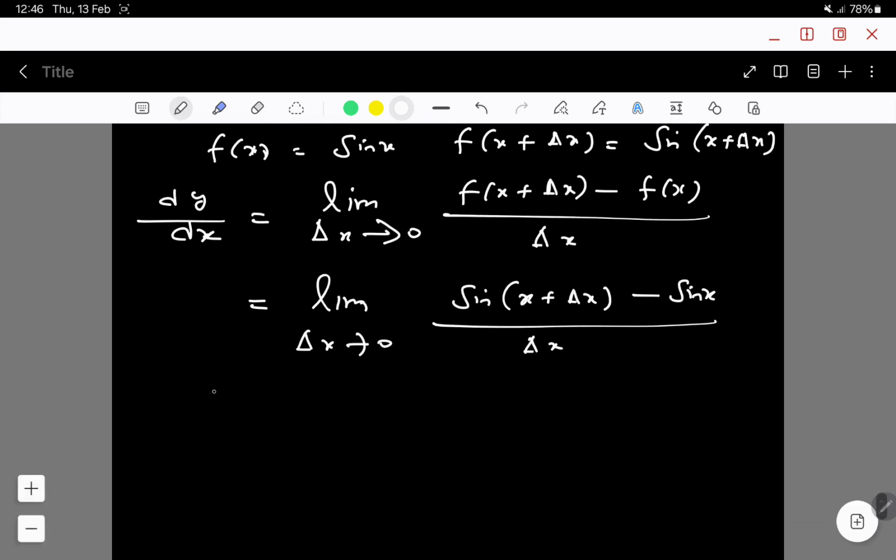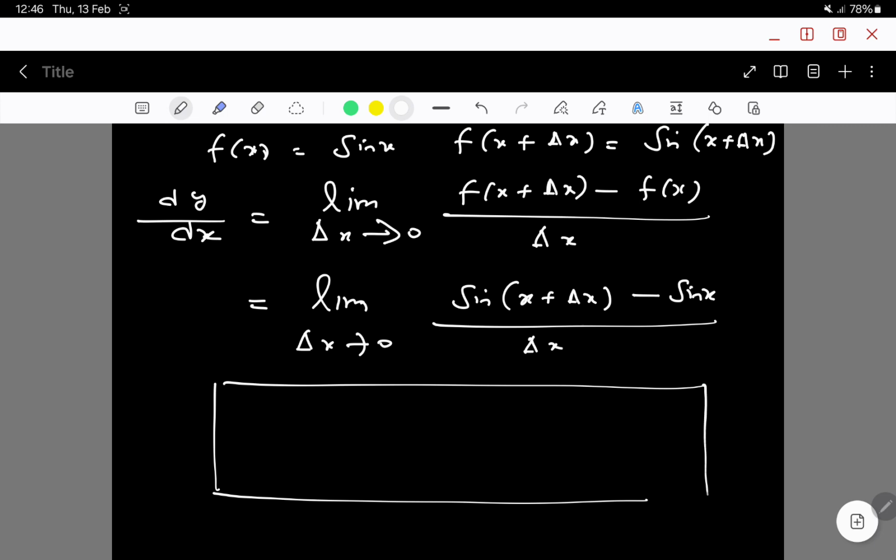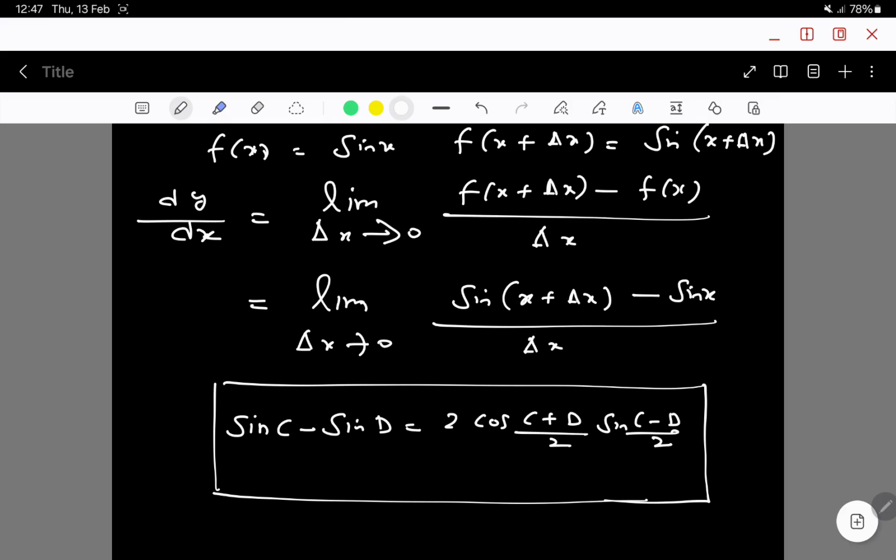Now simplify the numerator by using the sin c minus sin d formula, that is 2 cos of c plus d by 2 sin of c minus d by 2. What is c here? c is x plus delta x, d is x.